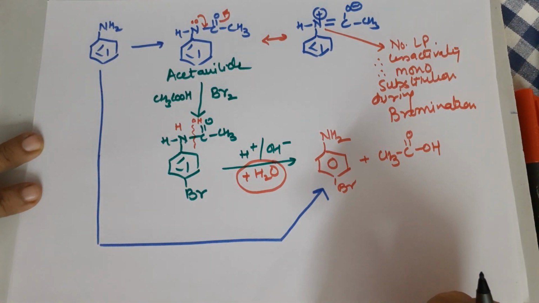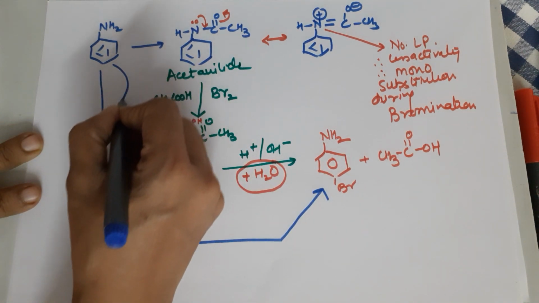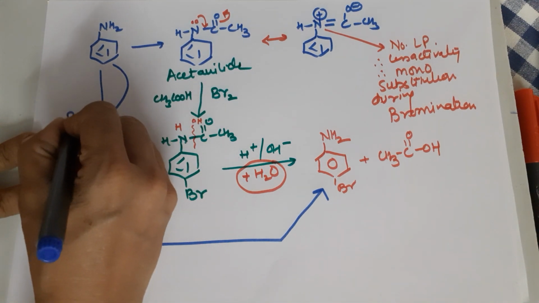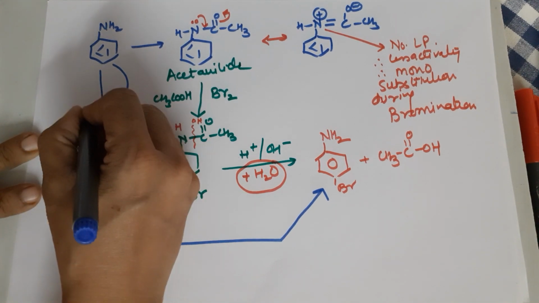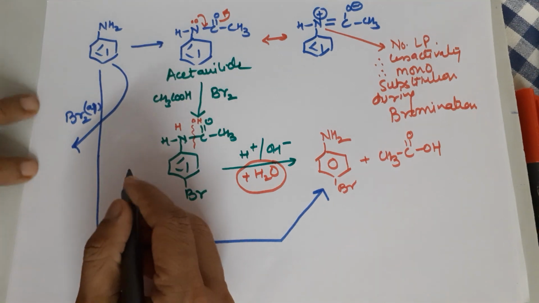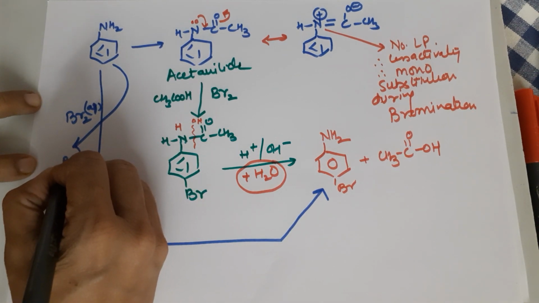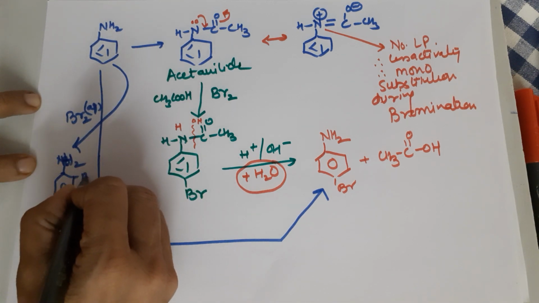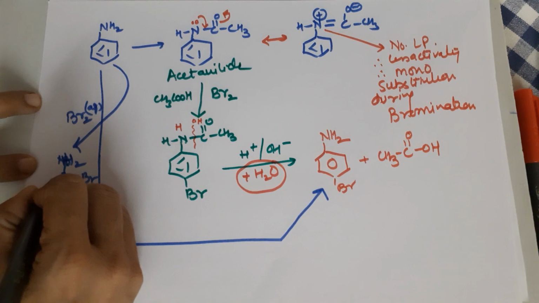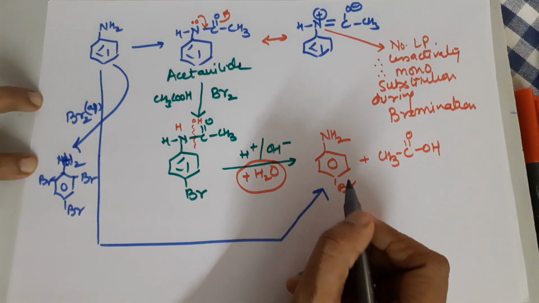So if you are ever asked to convert aniline into 4-bromo aniline, direct bromination is not advised, because if you do a direct bromination in aqueous medium, you will end up with a product which would have NH2 with 3 bromo substituents and not a single bromo like this.